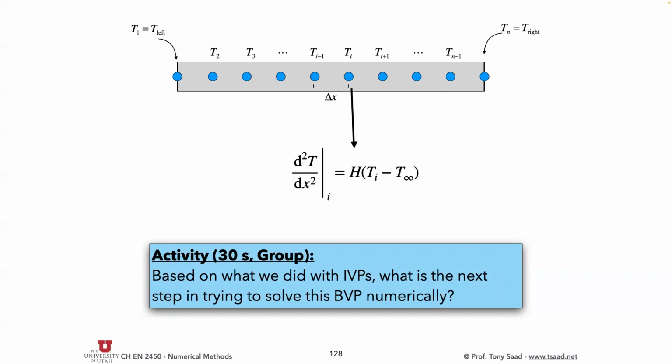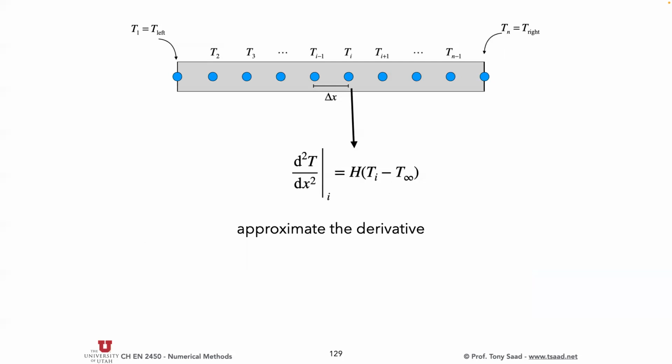Okay, so I need to untangle that and express it in terms of Ti, T2, T3, right? So what did we do with initial value problems, with the time-dependent problem? What was the step that we did here? Yes, we applied the finite difference formula to approximate what, Evan? The second derivative. That's right. So that's the step, is to approximate the second derivative, okay?